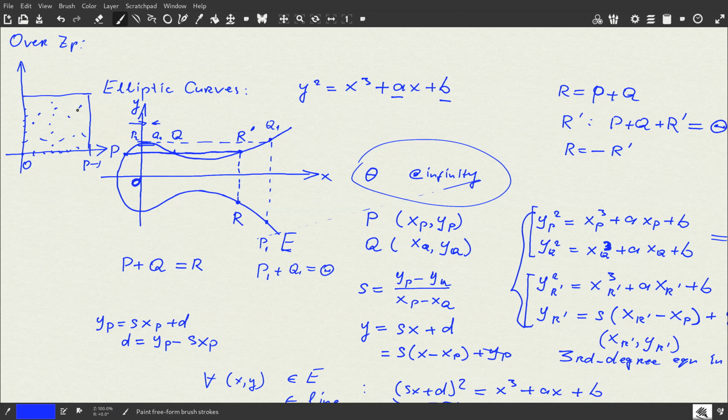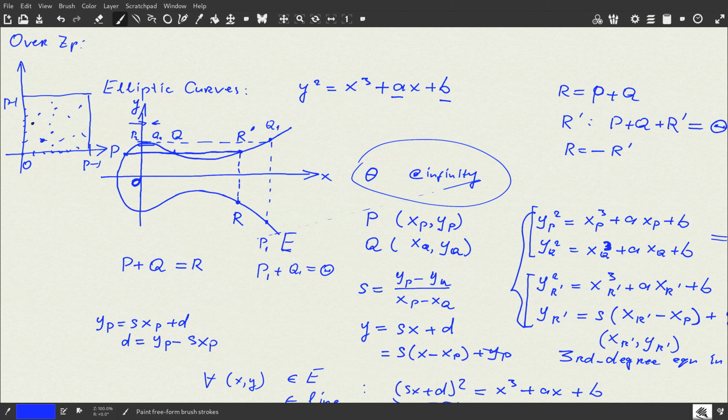Due to modular arithmetic, there is not even a remnant of a consecutive curve, because our points can be arbitrarily mapped inside this 0 to p minus 1 square, and therefore our elliptic curve is just a collection of some points inside the 0 to p minus 1 square, which belong to this curve.